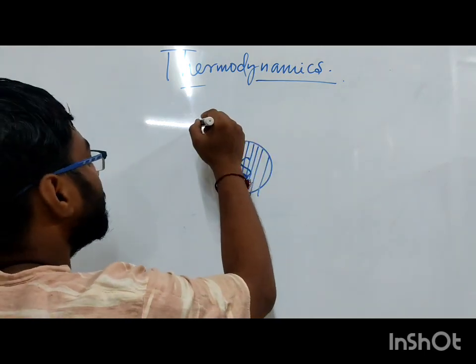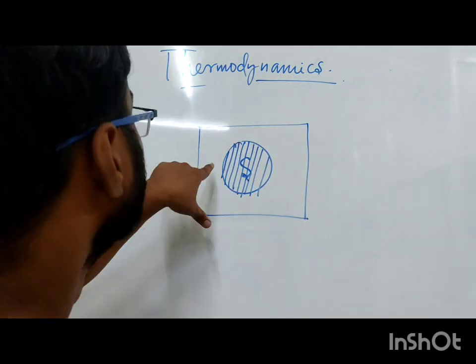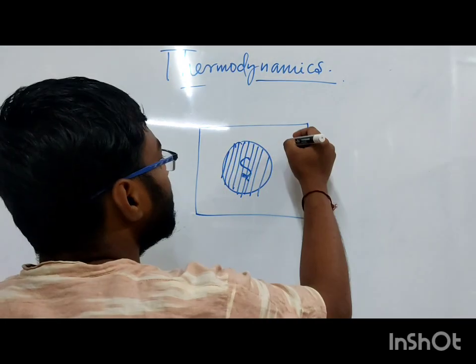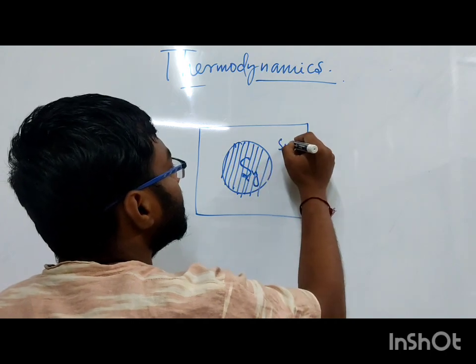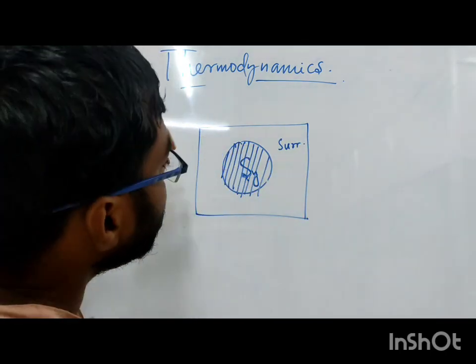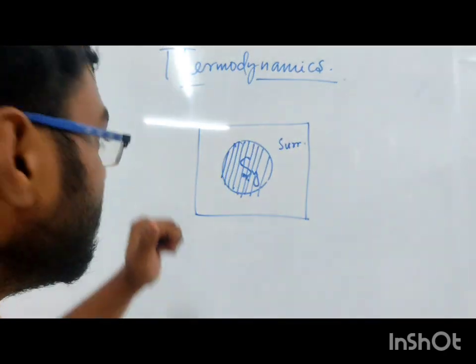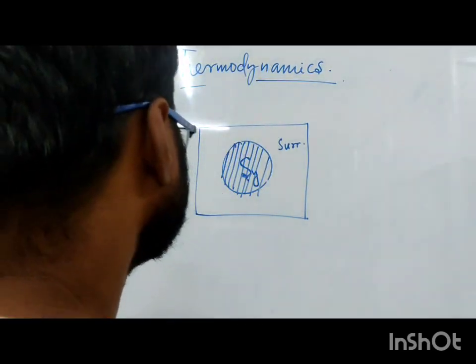and the other, outside of the system, is called surroundings. So we know that there is a finite boundary between system and surrounding. Using this boundary we can identify different types of system.